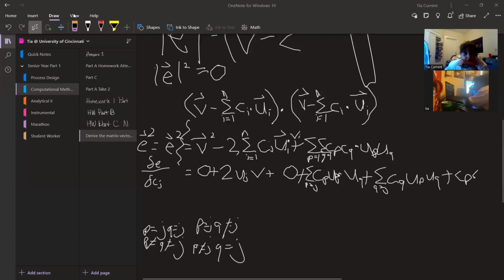Yes, I realized I made a mistake. It is not CP, it is CJ. So this is when it equals J. And then you have, oh yeah, let's not forget our dot. I'm pretty sure the dot's supposed to be there, not there. Okay, CJU.